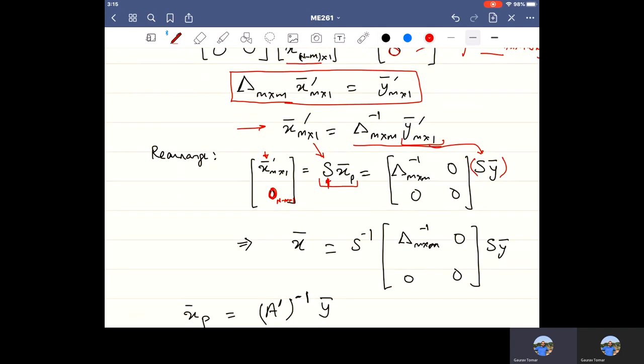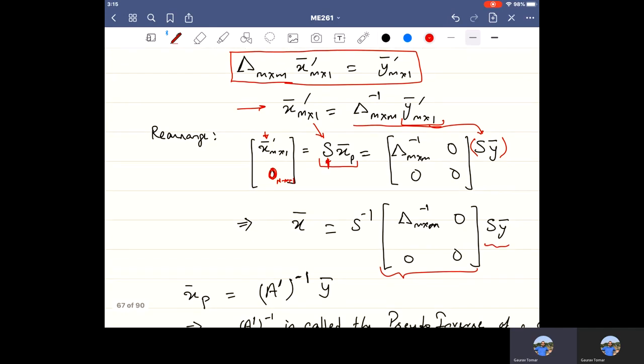From there, you'll get x as S inverse, this diagonal matrix which has been inverted, into S y. Now if you look at this matrix that you have obtained, S inverse lambda inverse into S, let's say this matrix is A prime, the inverse. Now, it's not exactly the inverse of that matrix, but it's some sort of inverse of that matrix.